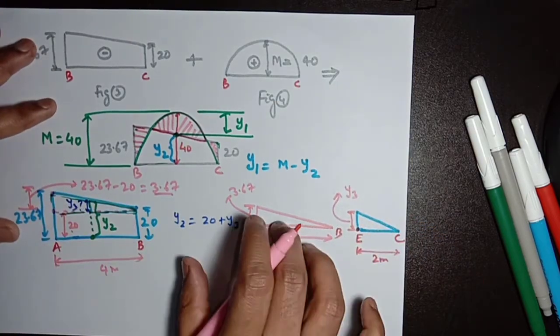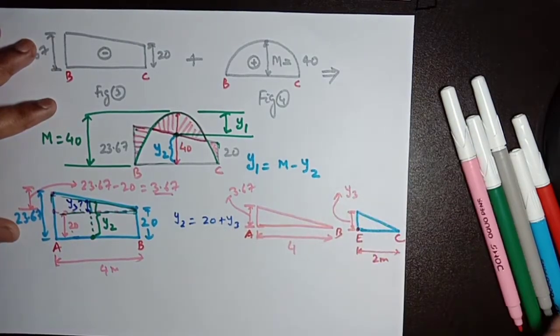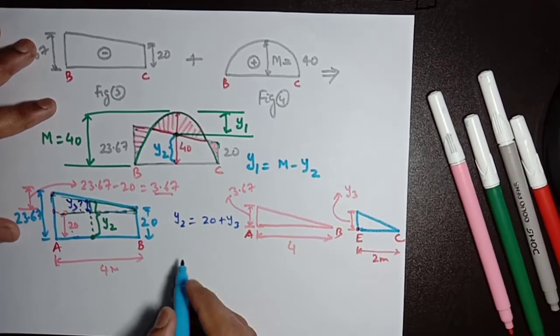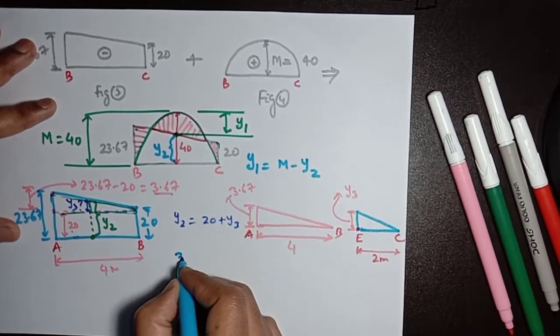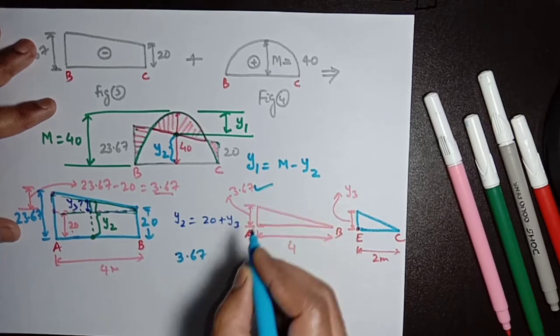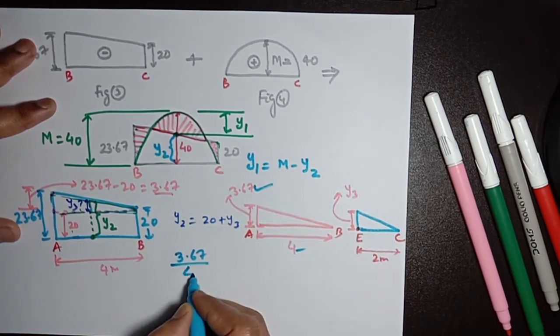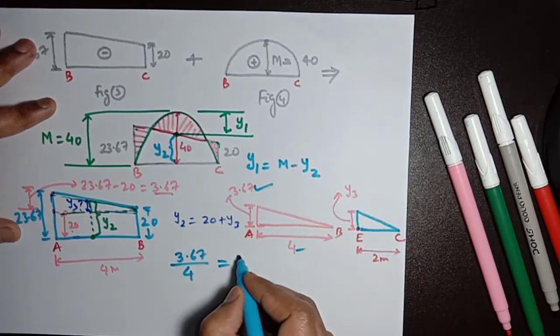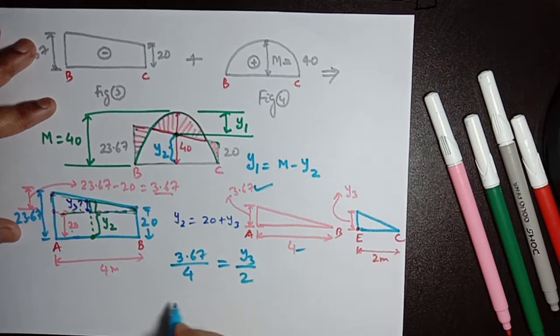From similar triangles, this and this, we can calculate y3. Here 3.67 divided by 4, this length 4, will be equal to y3 divided by 2.